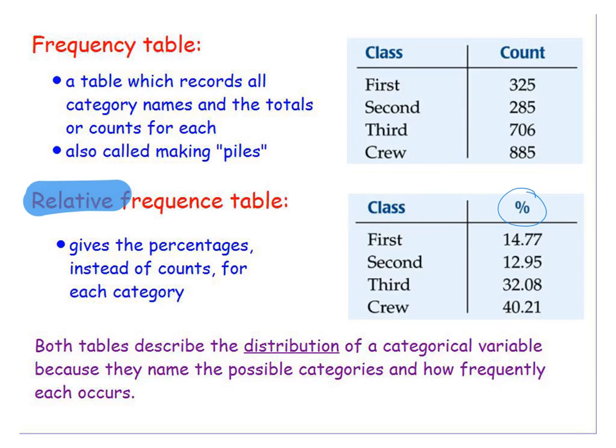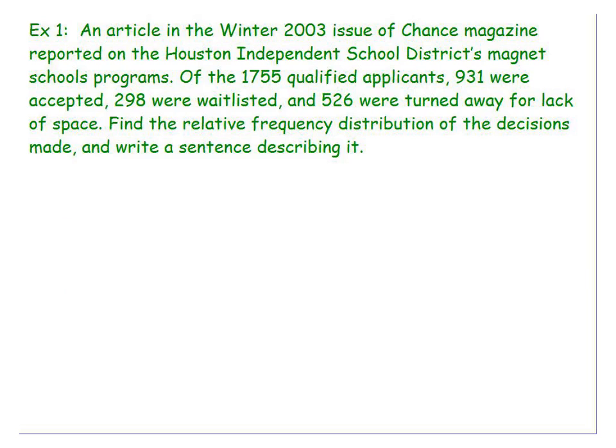Both of these tables describe the distribution of your categorical variable because they name all of the possible categories and how frequently each occurs. Sometimes raw counts are more helpful, sometimes percentages are. Either way, just look at what the problem's asking for so that you know what type of answers to give me. So let's go ahead and make a table.